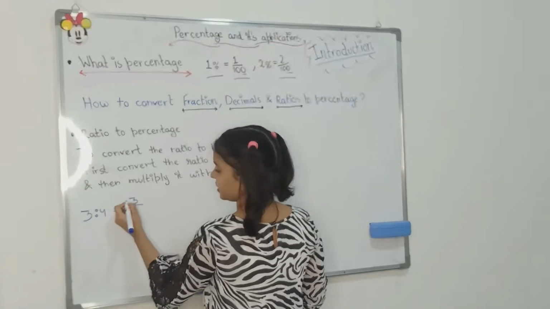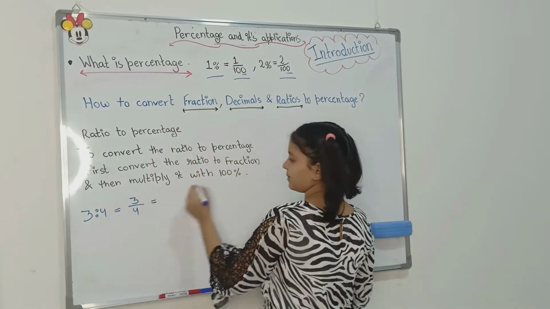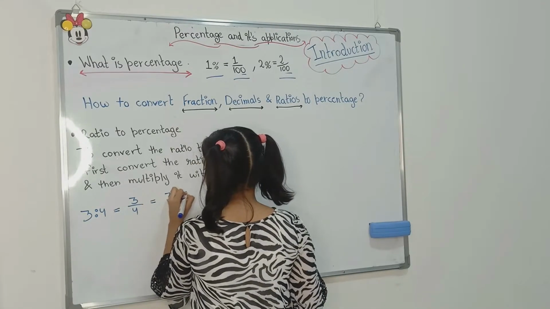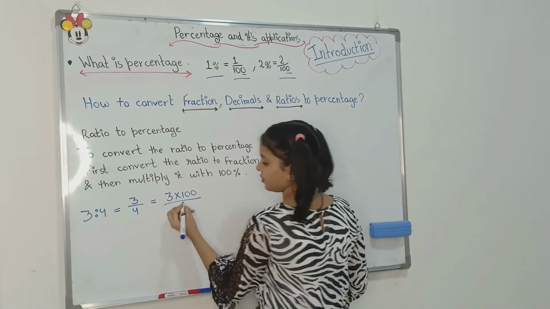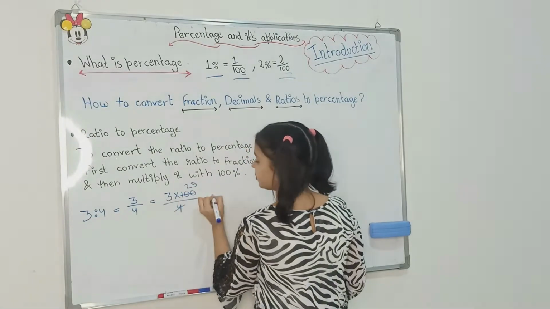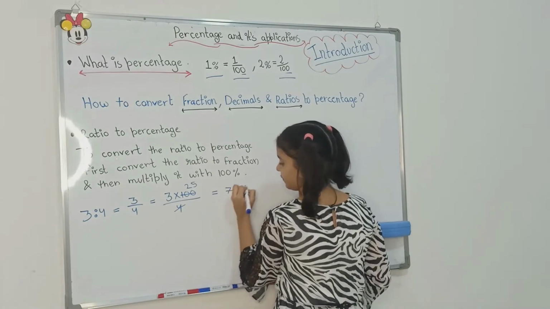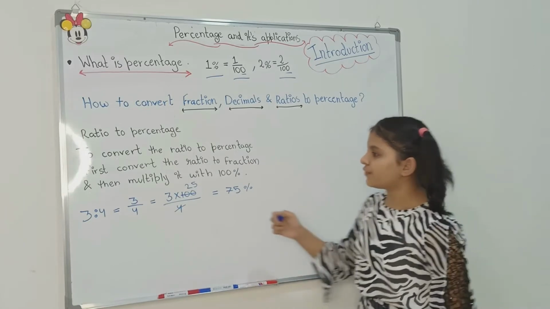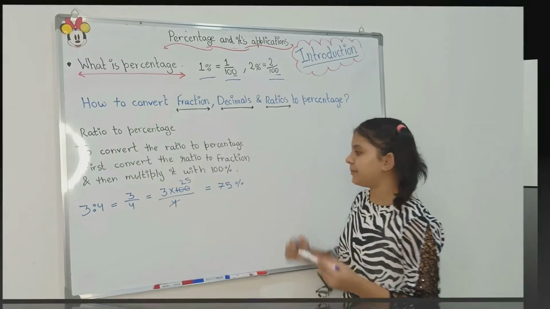The first number would be the numerator and the last would be the denominator. Now we multiply it with 100, so 3 into 100 divided by 4. Like we did before, 4 twenty-fives is 100. Then 25 multiplied by 3 is equal to 75%. This is how we convert ratios to percentage. First we convert the ratio to a fraction and then we multiply it with 100.